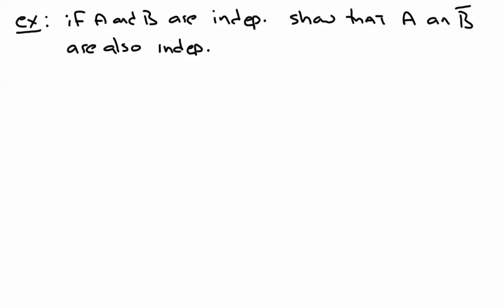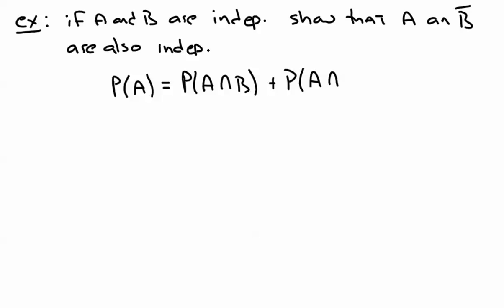So we'll start by writing down just a simple true statement. Probability of A equals probability of A intersect B plus the probability of A intersect not B. That's just a true statement. Any event A equals A intersect B union A intersect not B. And the union of disjoint sets has a probability that is simply the sum of probabilities.